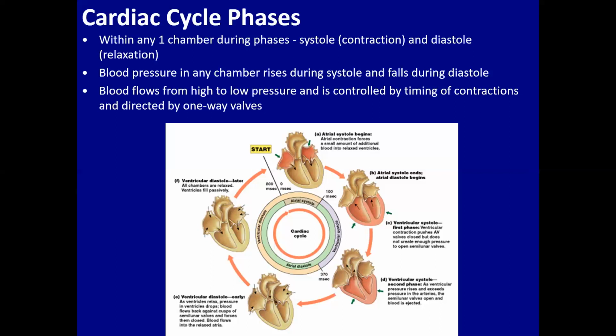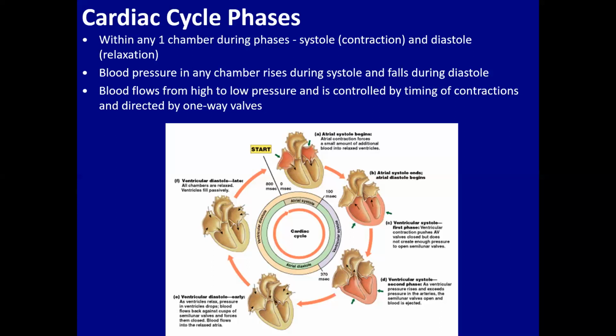But the impulse has now made it to the interventricular septum and up through the Purkinje fibers, and we're starting ventricular systole, right? So these are the ventricular contractions. They're going to push the AV valves closed, but it's not enough pressure to open the semilunar valves at this point. We've started the contraction, but it's not quite enough.